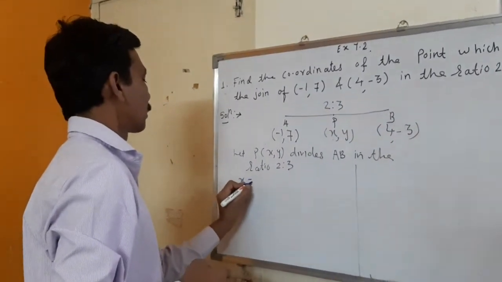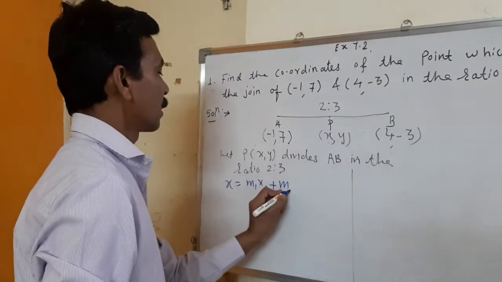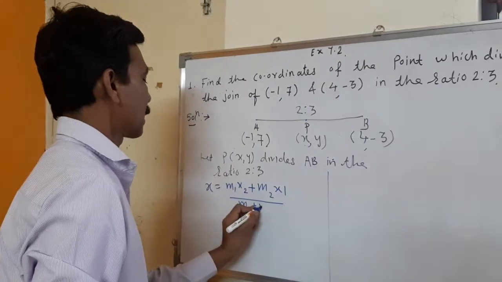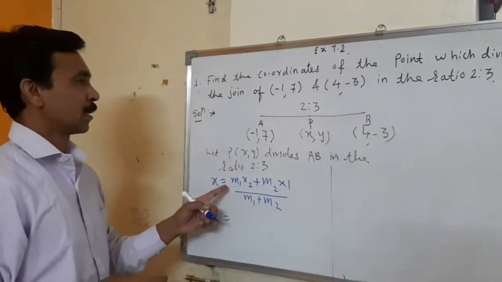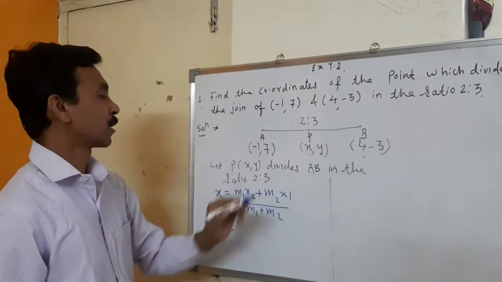x is equal to (m1 x2 plus m2 x1) upon (m1 plus m2). m1 is 2, m2 is 3.